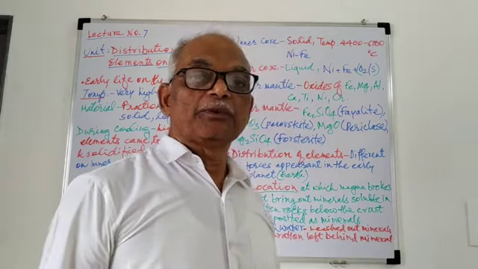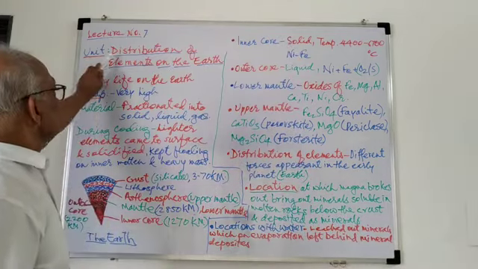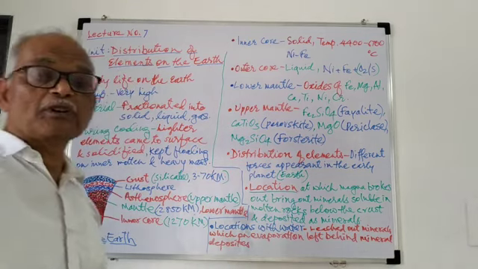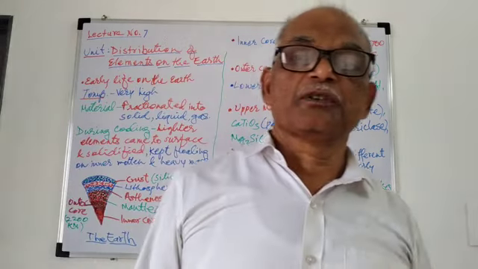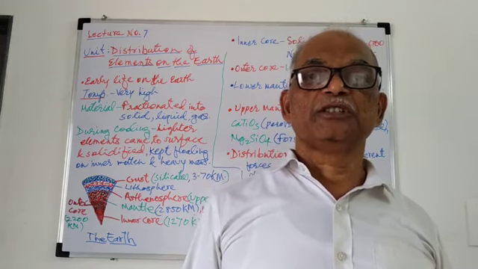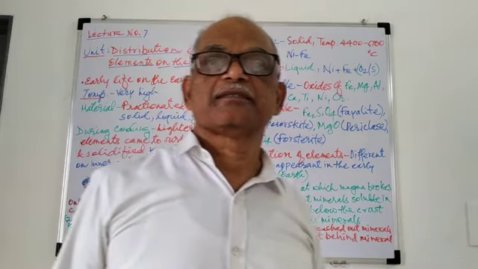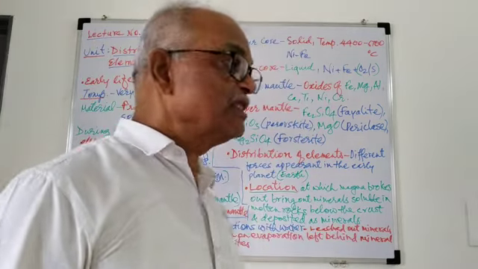Now we will see the next topic, that is distribution of elements on the earth. In the previous lectures we have seen the origin of the universe, in which the various stars and planets are formed.